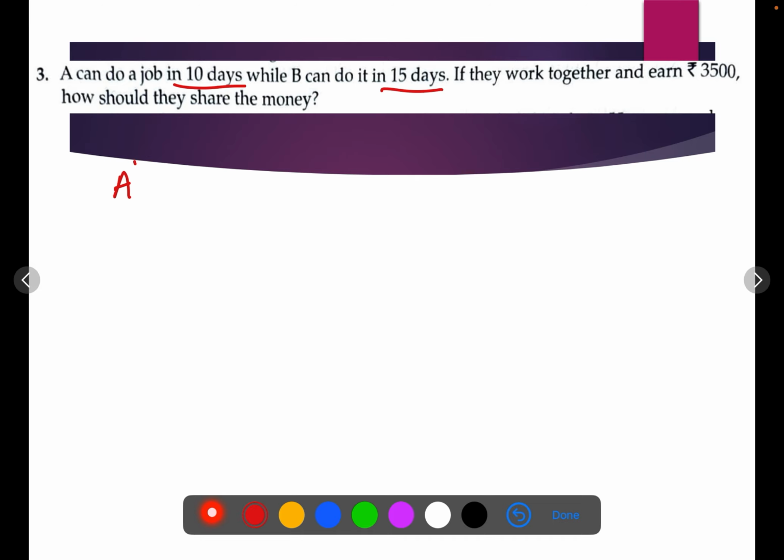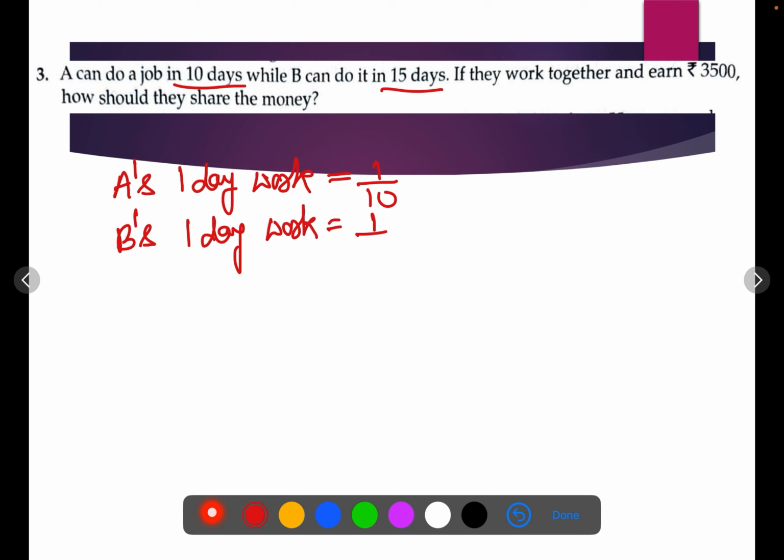A's 1 day work will be 1 upon 10. B's 1 day work will be 1 upon 15. Let's find out the ratio of their work. So ratio will be 1 upon 10 ratio 1 upon 15, A is to B. That gives me 3:2.